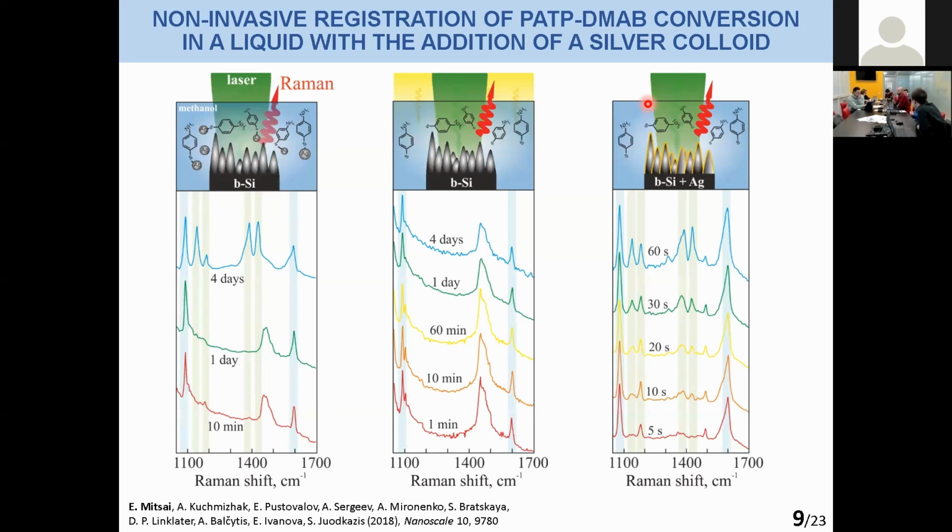Then you remove the silver particles, nothing happens, and then you add a silver layer, and then you see much faster and more intense chemical reactions. But if you look at the field enhancement factor for silver particles and those conical silicon structures covered with gold, there will be much higher field enhancement factors and SERS enhancement. So is it that the sensitivity of the structure just increased, or did chemical reactions go faster?